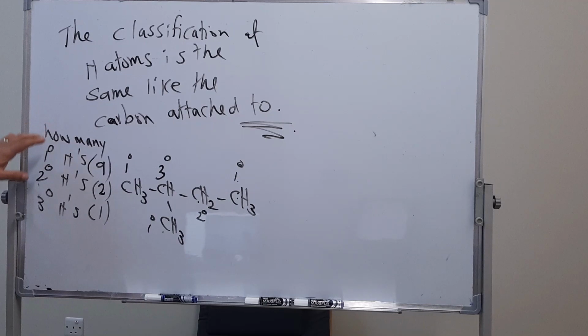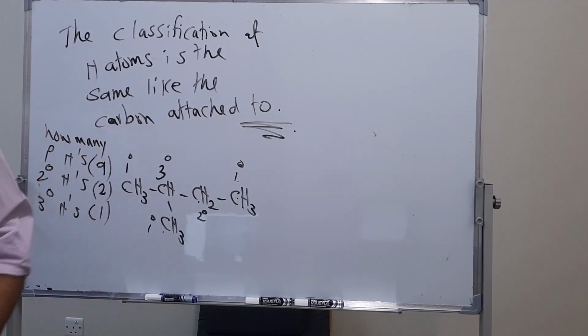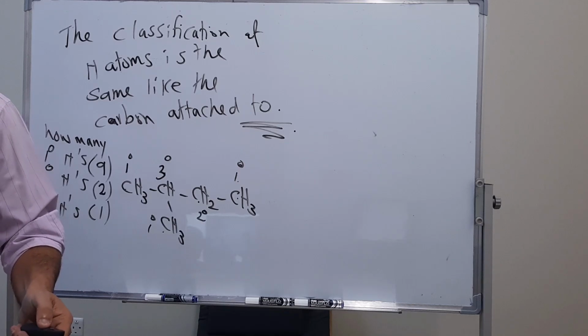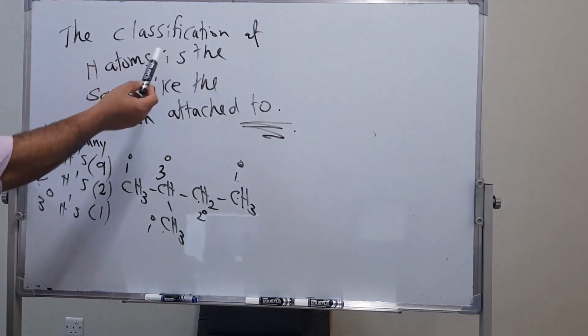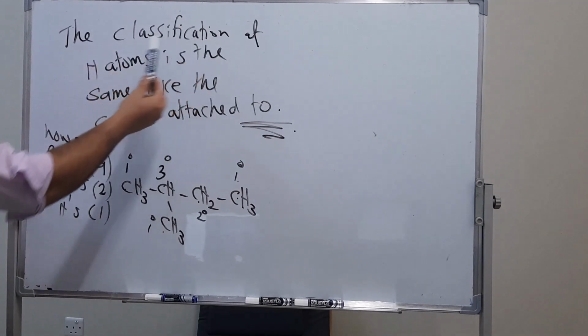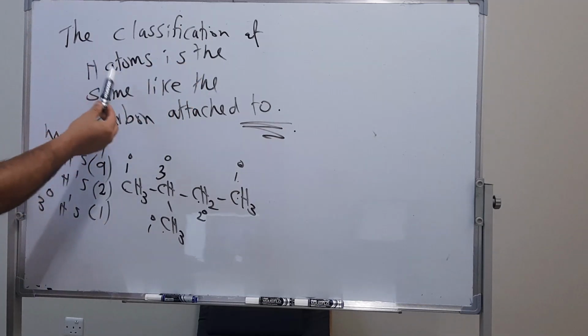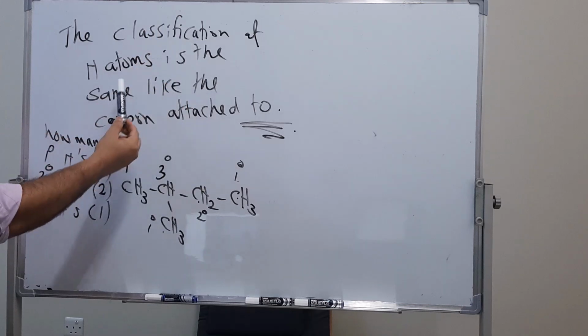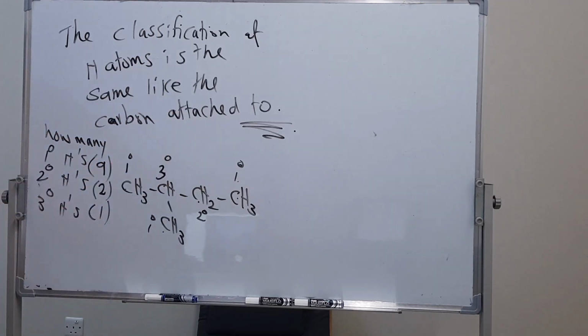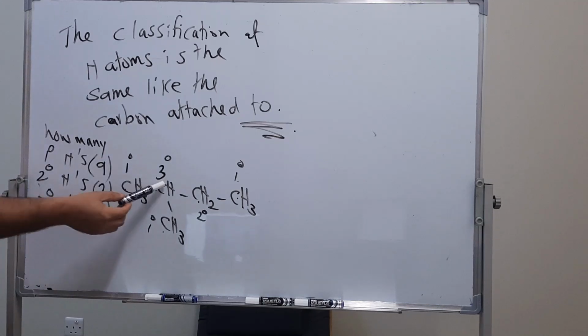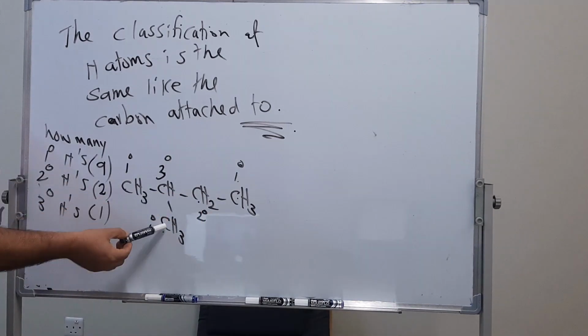Is this clear, how to determine the number of hydrogens of each carbon in any compound? Here it's very important. The classification of hydrogen atoms follows the same classification of the carbon they are attached to. In other words, do you understand the classification of the carbons?